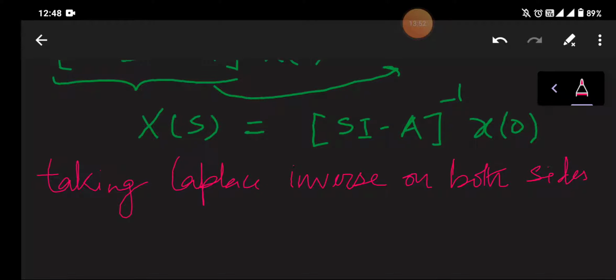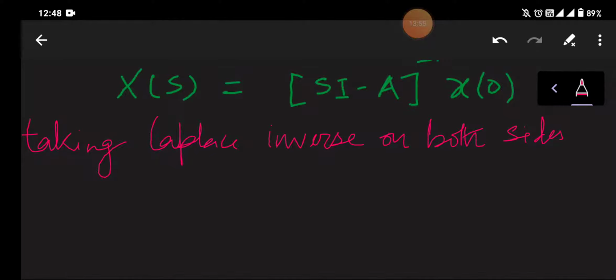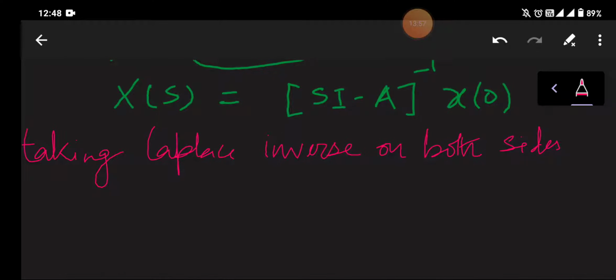So when we take Laplace inverse on both sides, the equation written here can be written as: xs becomes xt.